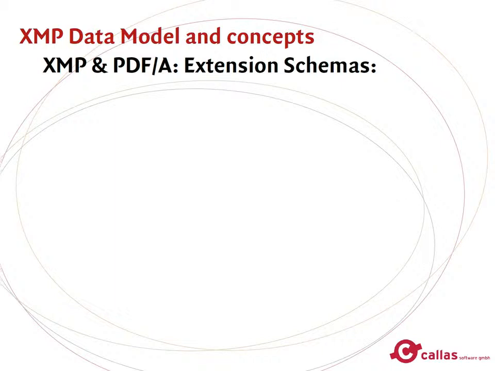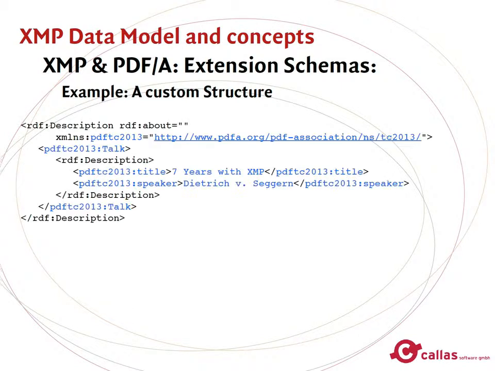And I will walk you through the process of creating a PDF/A extension schema. As an example, I have a custom structure I want to put into my metadata stream. The normal properties from the predefined schemas are no match for my needs, so I decided to have this custom structure.